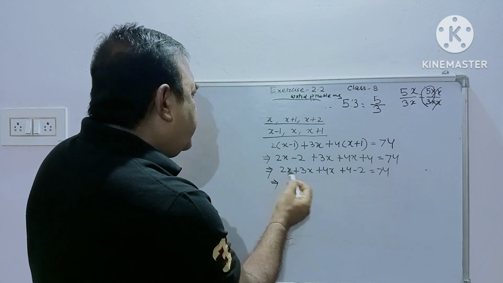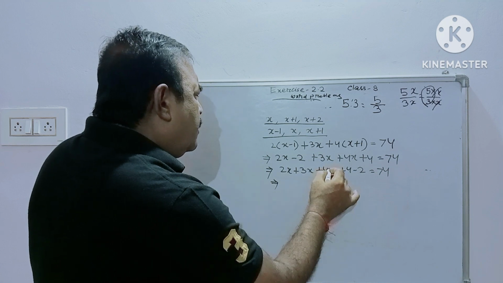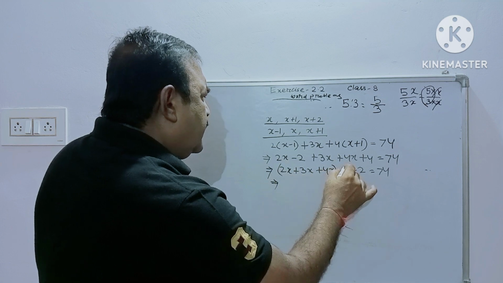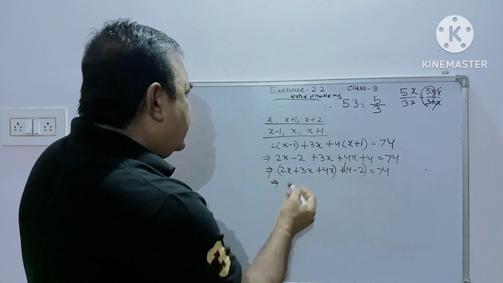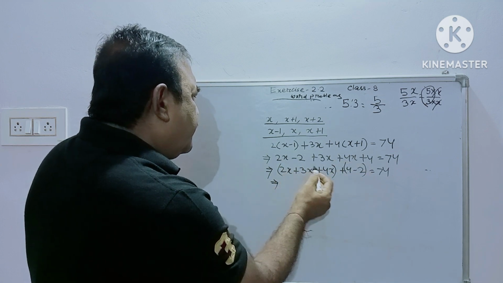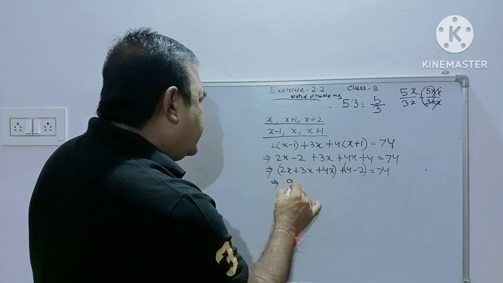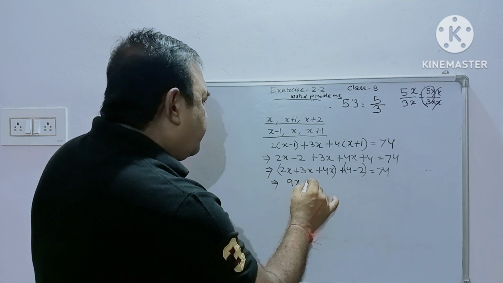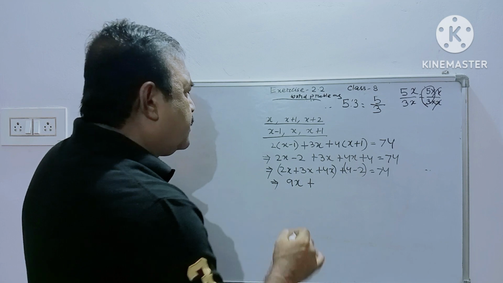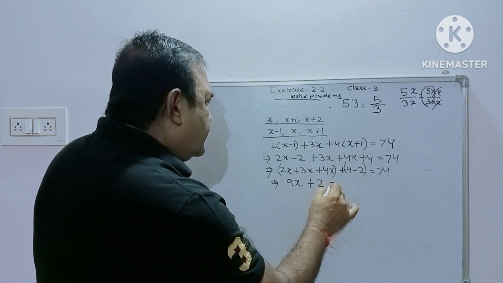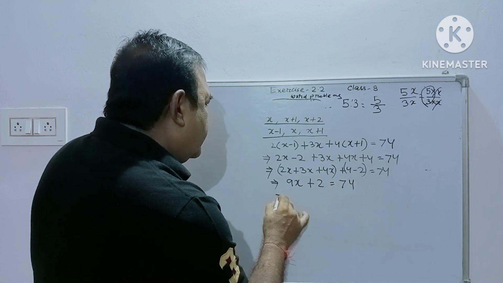So 2 plus 3 is 5, plus 4 is 9x, plus 4 minus 2, that is 2, equal to 74.